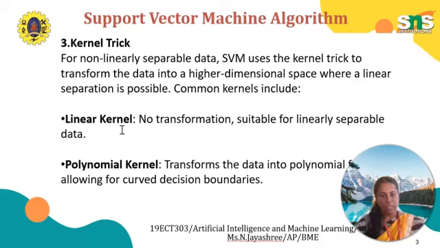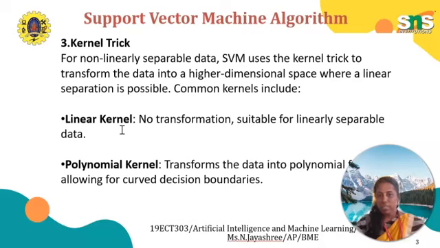The common kernels include the linear kernel and the polynomial kernel. The linear kernel applies no transformation and is suitable for linearly separable data. The polynomial kernel transforms the data into polynomial features, allowing for curved decision boundaries. There are two types of kernel: number one is the linear kernel, number two is the polynomial kernel.